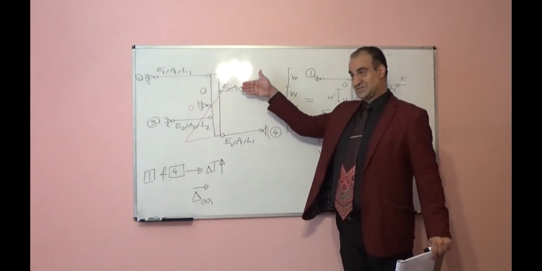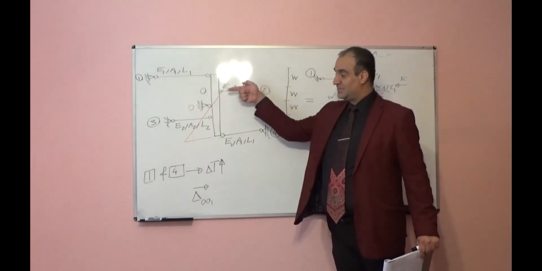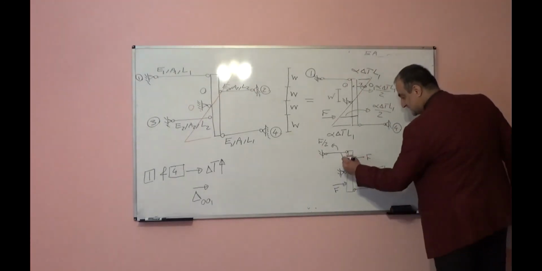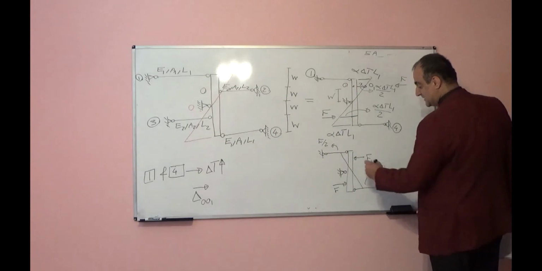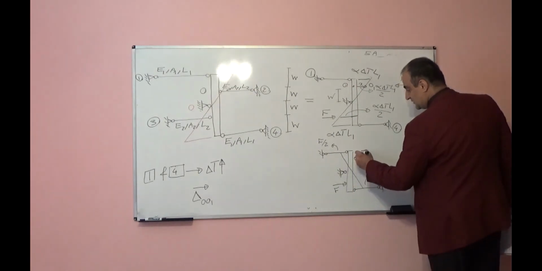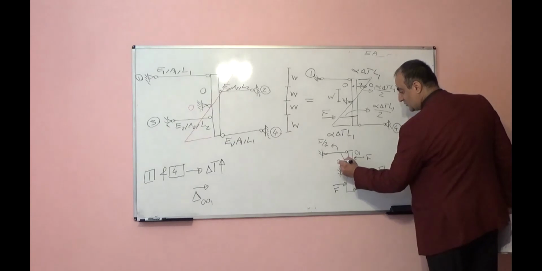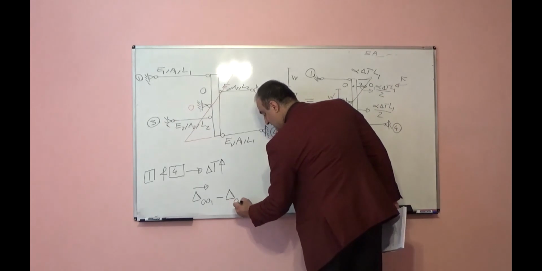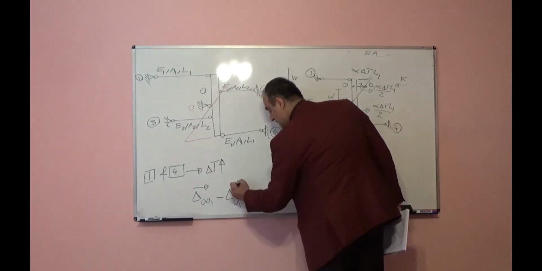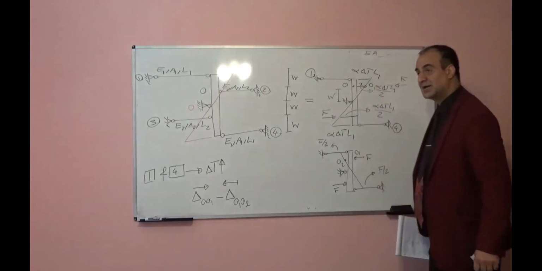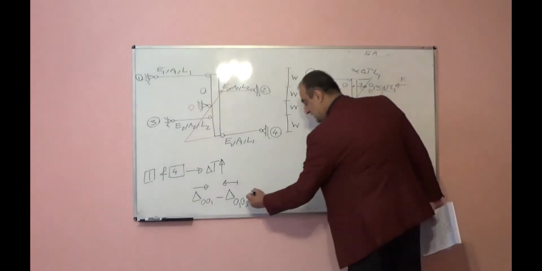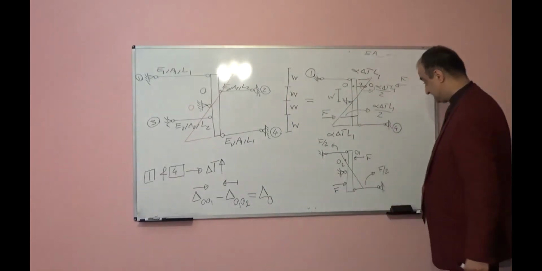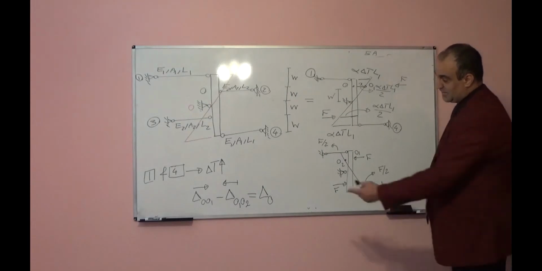That reaction force, for example, is F. F will push it back, so F will produce deformation in the inverse direction. This location is now O1, and it pushes back to O2. So minus delta O1 O2 from right to left should be equal to the resultant deformation of point O. Now, look at this equation.